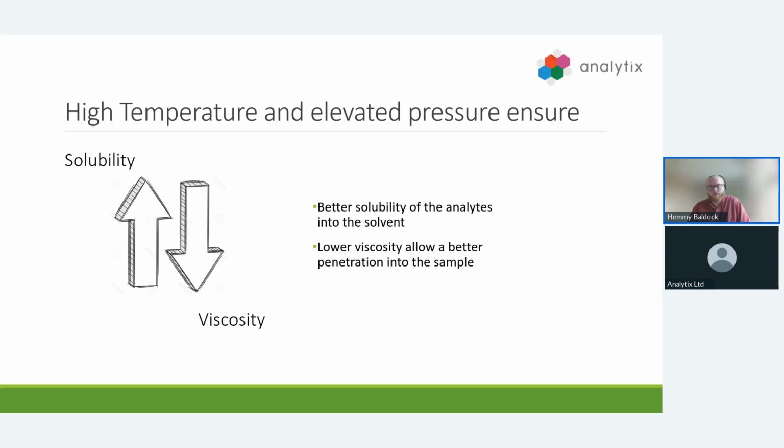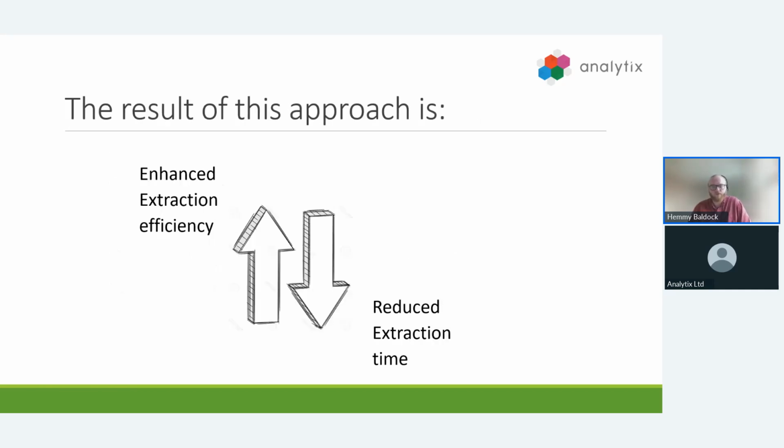While solubility is increased, you also lower the viscosity of your solvent, which enables better penetration into your sample. So the results of this increased solubility and reduced viscosity ultimately enhances the extraction efficiency and reduces extraction times. This makes microwave-assisted extraction a fast and effective approach to sample preparation for organic pollutant analysis.